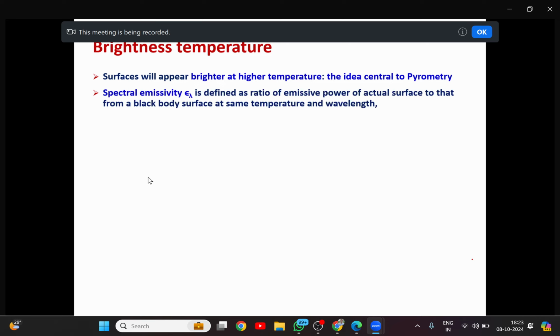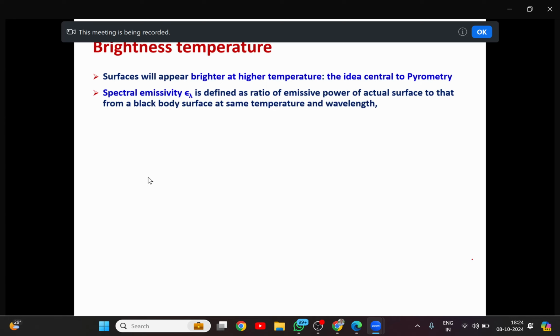The spectral emissivity epsilon lambda is defined as the ratio of emissive power of an actual surface to that from a black body surface at the same temperature and same wavelength, right? When I was defining the black body, I said that a black body is a body which emits maximum radiation energy at a given temperature as compared to real bodies.